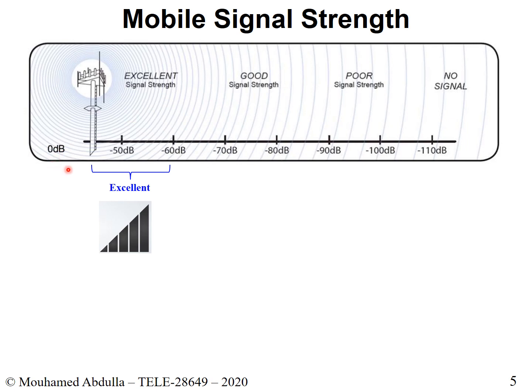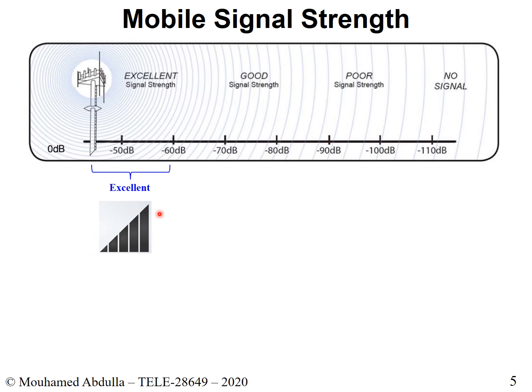So if your receive power is above minus 60 dBm, no, sorry about that. If it's above minus 60 dBm, so let's say minus 50, minus 59, minus 58, whatever it might be, anywhere here, your signal is generally considered excellent, right?